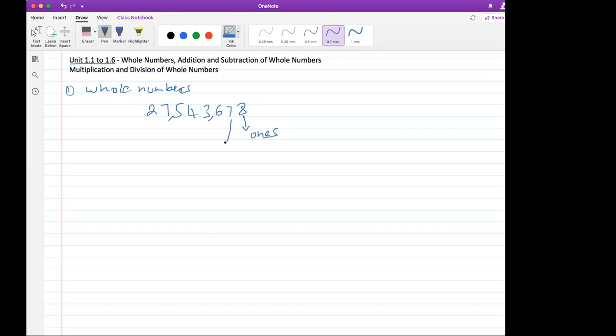And then you have the tens. That's right, the tens, and so on, the hundreds. It's a little hard to write with this new device, but I'm getting used to it, like I said. Let me go back. The second one we said is the hundreds.